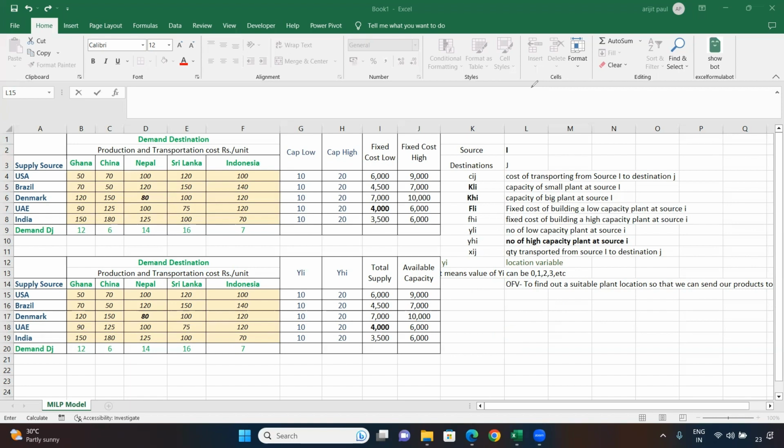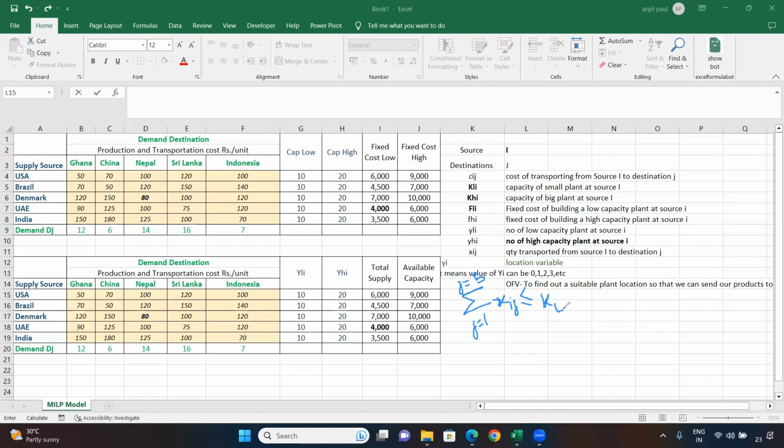Now, what will be the constraint for the supply? It will be summation over destination, that is j equals 1 to j equals 5, of xij should be less than or equal to KLI.